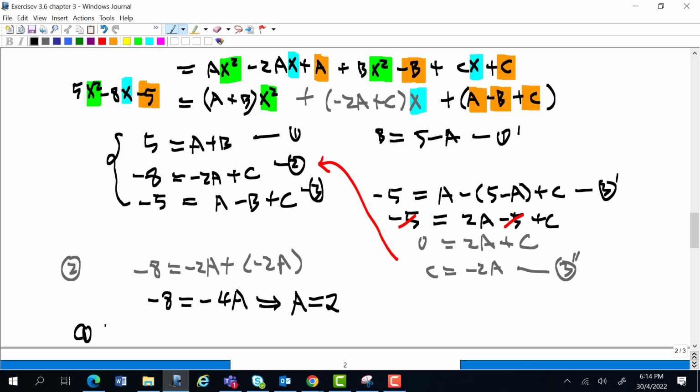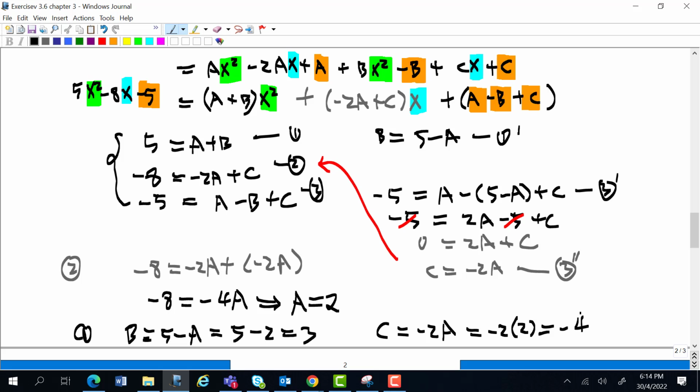So we go back to equation 1 now. You know a now. b is equal to 5 minus a, which is 5 minus 2. You have 3. So b equal to 3 now, and c equal to minus 2a. For equation 3, that is minus 2 times 2, which is minus 4. So c is equal to minus 4, a equal to 2, b equal to 3.